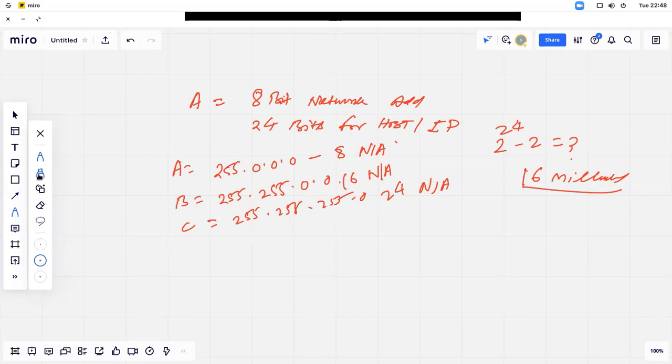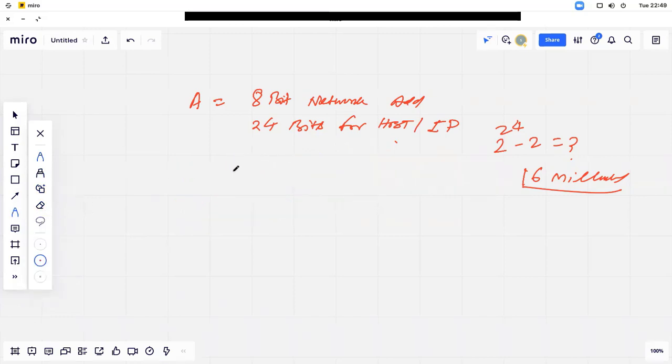So let me remove this one. Suppose you are asked to create a network that has a network address of /27, a 27-bit network address. This is the slash, we have just put it here. Slash 27 means your network address must be 27 bits.